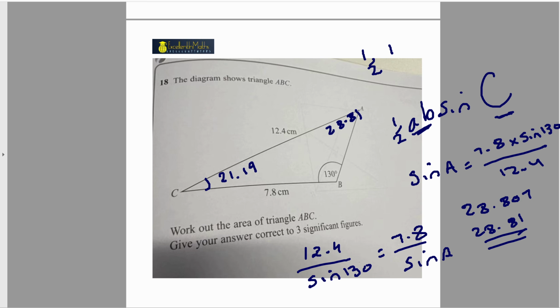I'm going to now use half times 12.4 times 7.8 times sine of the angle between them, which is my answer on the calculator, which is this one.